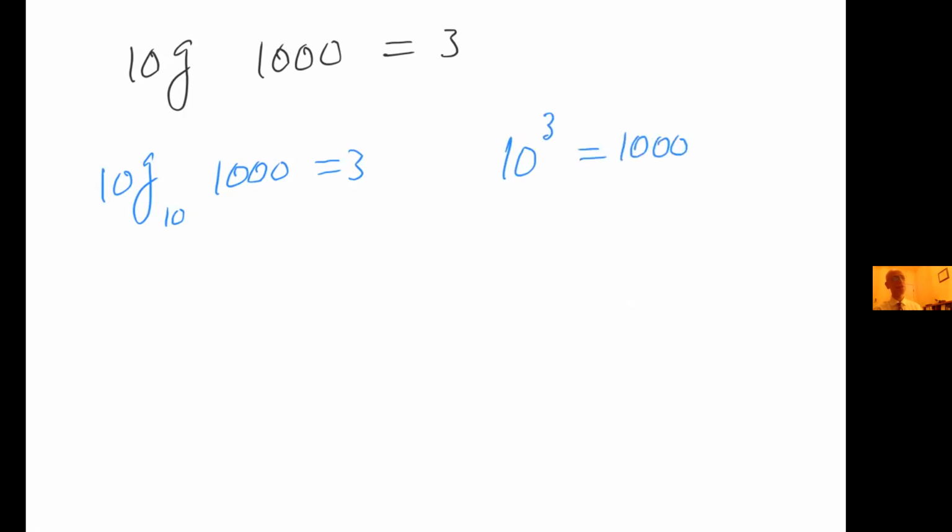And one last thing I want to tell you about is a very special base, e. I'll do a different video explaining what e is. We know it as the base for natural logs.